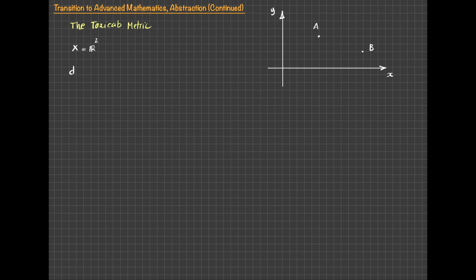The metric that I want to describe, I equip it with the subscript t for taxicab, and I would say that the taxicab distance between these 2 points is defined to be the absolute value of the difference between the x coordinates of these 2 points plus the absolute value of the difference between the y coordinates of these 2 points.